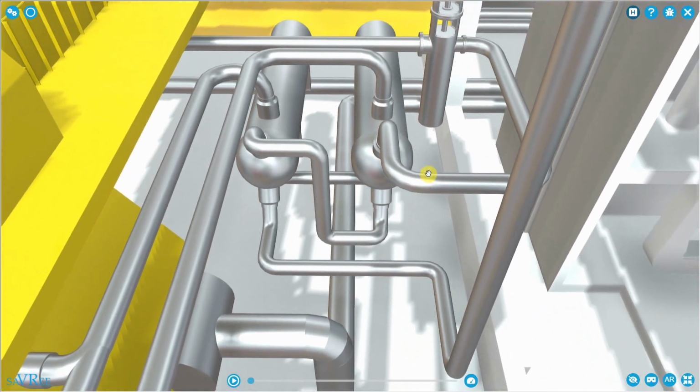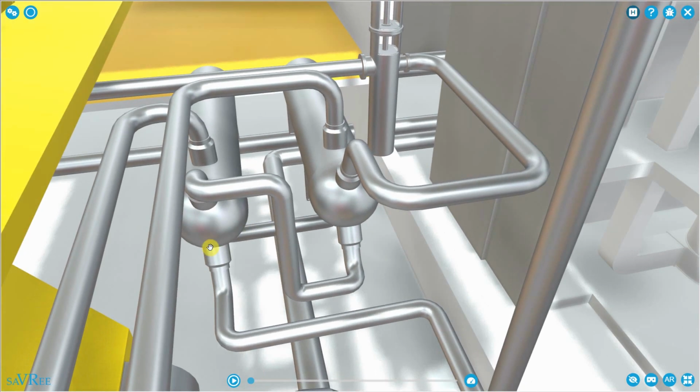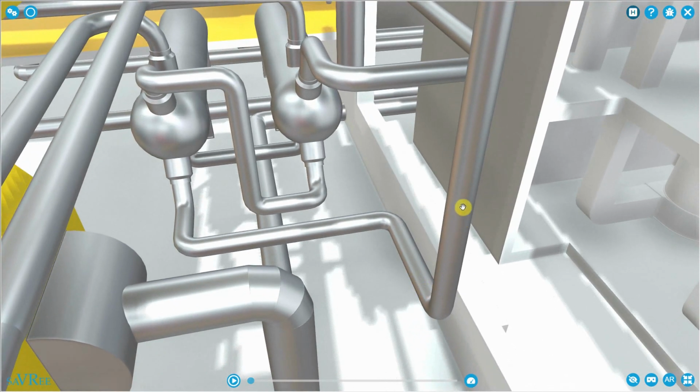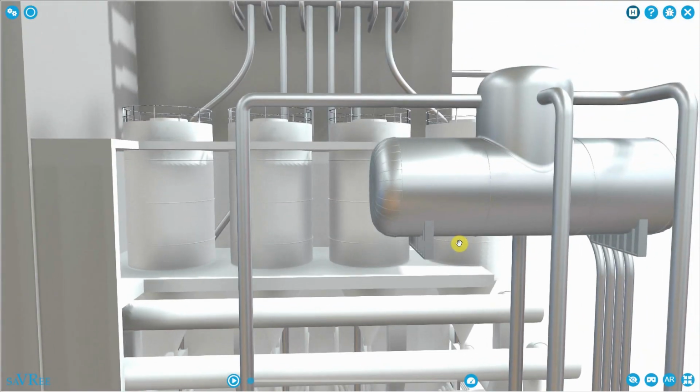You can see it coming from the pump along here, into our first stage low pressure feed water heater, into the second stage, and then out through the discharge here, along here, going upwards, and that's going to then go to our deaerator.